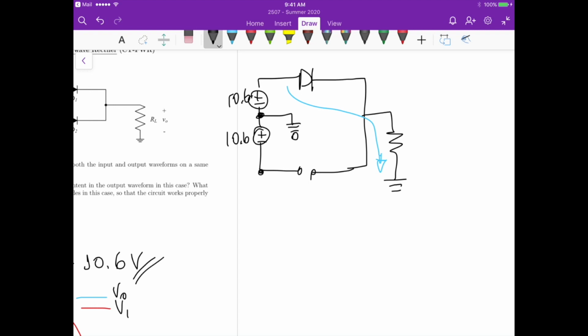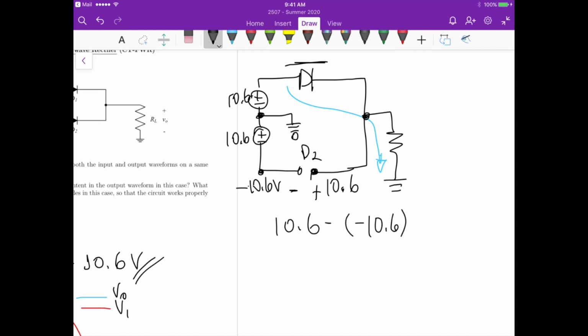At this node here, we have minus 10.6 volts. Now, because this is a short circuit, exactly at this node, which is the same as this node here, we have 10.6. So the overall peak inverse voltage that this diode 2 needs to hold during this positive half cycle is 10.6 minus minus 10.6. And this is the peak inverse voltage for this case.